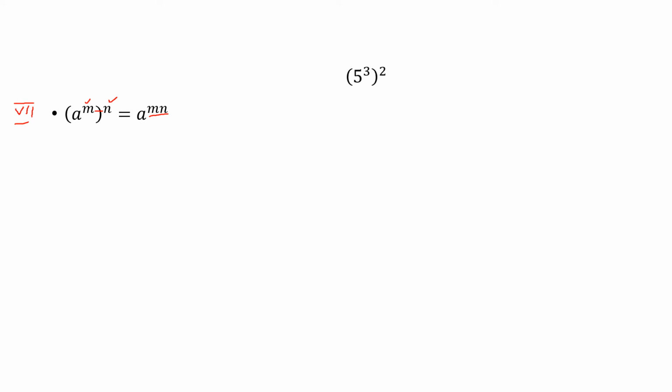So here this bracket has exponent 2 and 5 has exponent 3. So we multiply 3 and 2, it comes 6. So if you want to do it, 5 six times we will write multiplication and then we do it. Anyway, this is our answer. For further proceeding, you can do this.